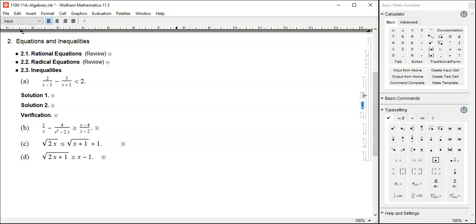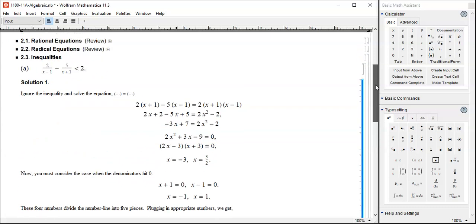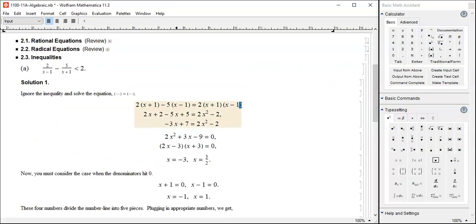Because of that method, all you have to do is find out those crossing values, poles and zeros. So forget about the inequality and simply solve an equation. Okay, solve it, and then we got this. All right, those are the zeros.